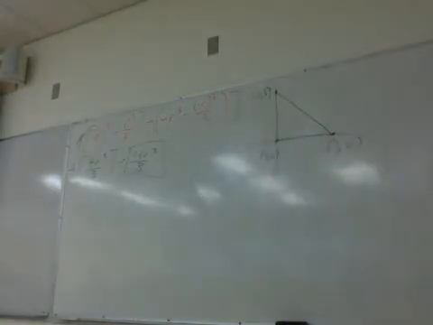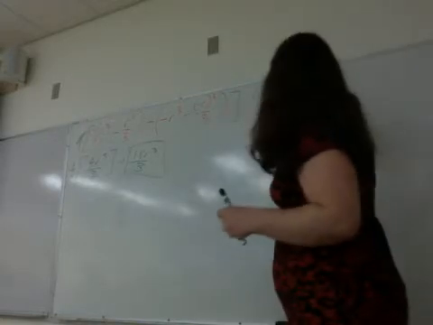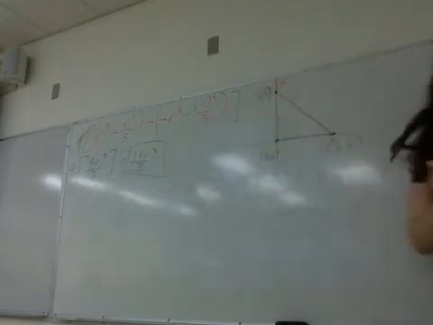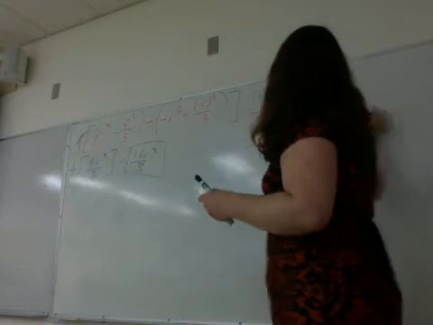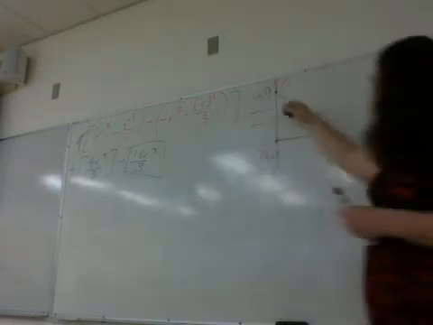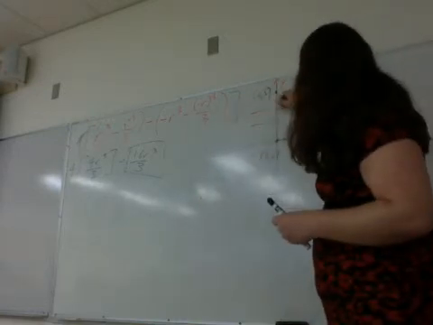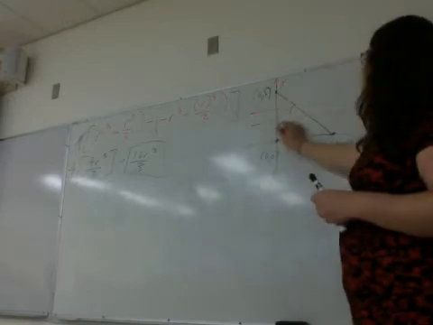There we go, so that's the triangular region. If you take cross sections perpendicular to the y-axis, that's the y-axis there, those cross sections are going to be equilateral triangles.